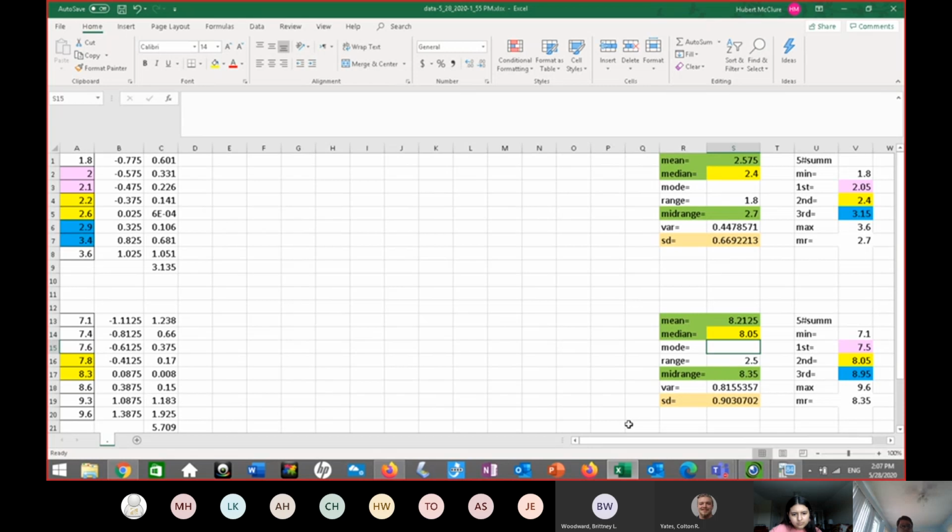Somebody check the range and the mid-range and see if I'm close. Yeah, these are not right because the min is the max. Is the max 9 point? Yeah. 8.35 is the mid-range.